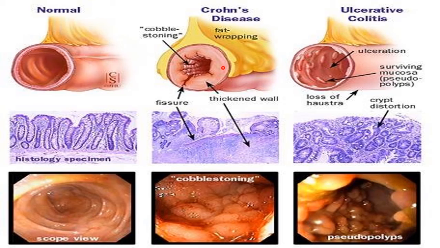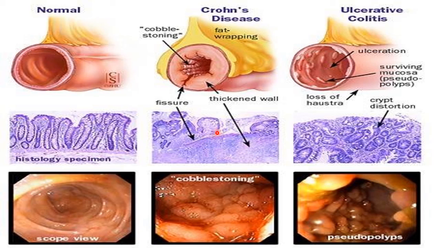In the middle, it shows the features of Crohn's disease. In the representative diagram, it shows a thickening of the wall of the small intestine and fat wrapping. Okay. Inside, there is a cobblestone appearance and a fissure which is transmural ulceration or inflammation.